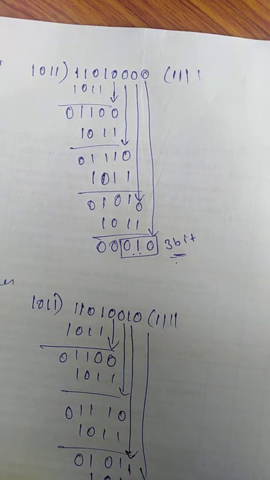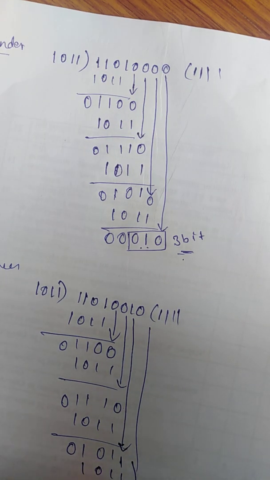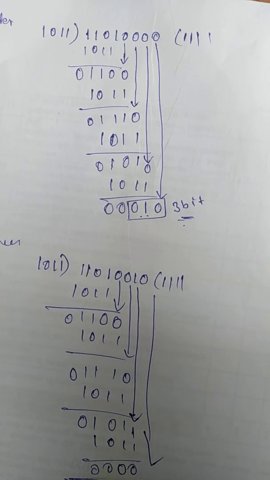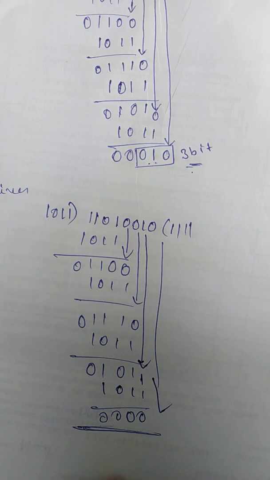Everything is 0, which means there is no redundancy error. Whatever information we have at the sender, the correct information goes to the receiver. Zero error, zero redundancy error comes here.